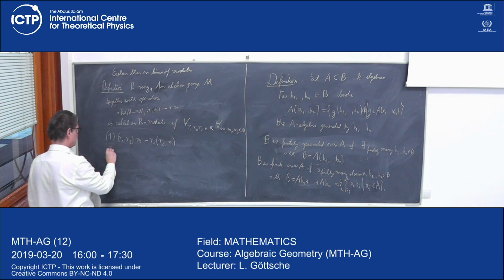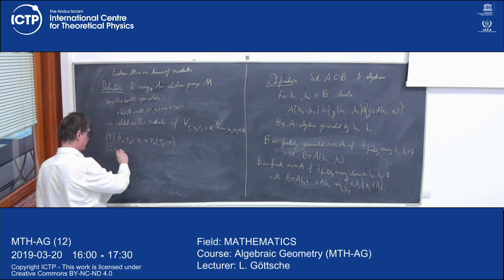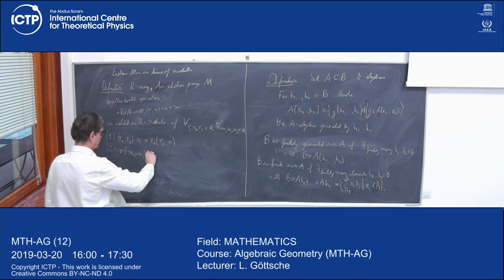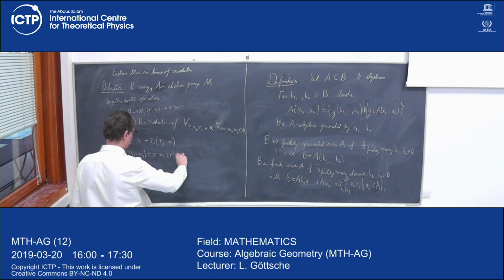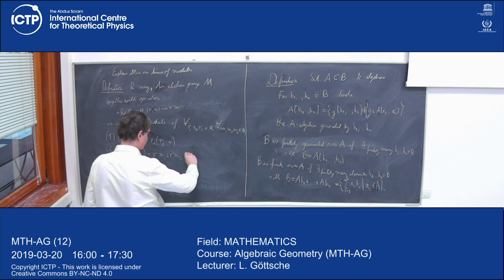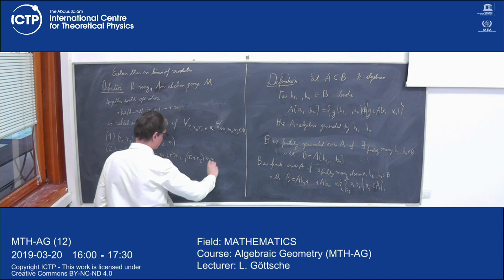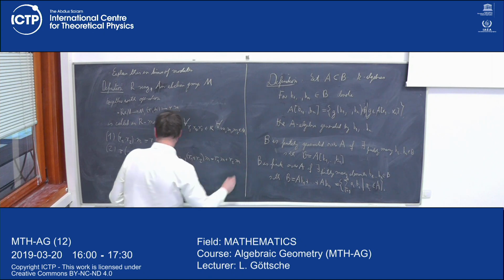So it's an actual operation. The second is the distributive laws, so we can take r multiplied with the sum of the elements in the module, this is r m1 plus r m2. And also we can take the sum in the ring, so (r1 plus r2) times m equals r1 m plus r2 m.